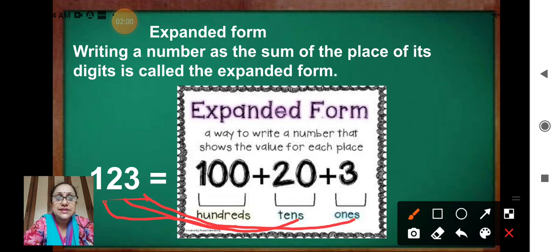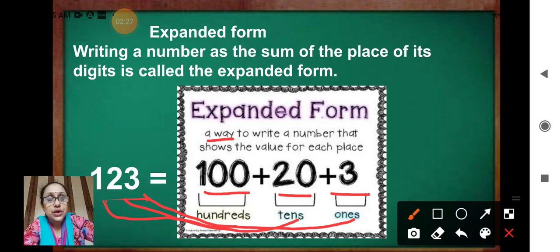Okay, 3 ones. So it is written like this: 100 plus 20 plus 3. So expanded form is a way to write a number that shows the value for each place. Okay, so remember hundreds, tens, ones.